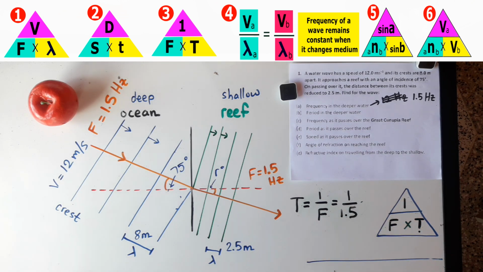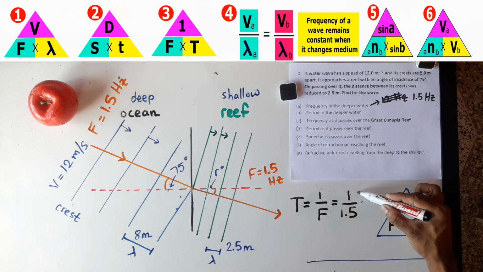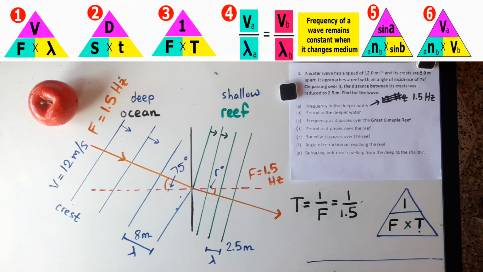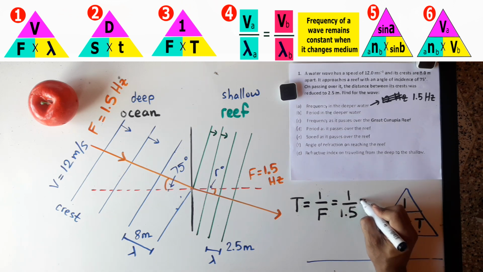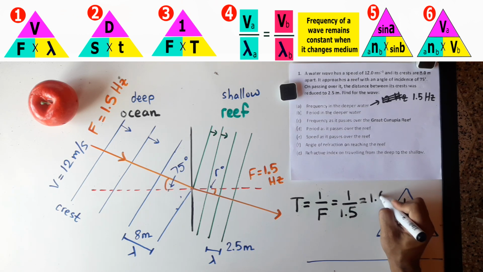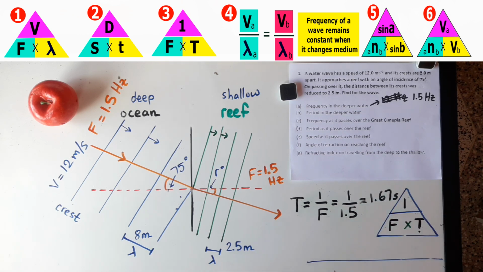All right. I'm just double checking a couple of things here. So 1 divided by 1.5 gives us 2/3. The periodic time is measured in seconds.